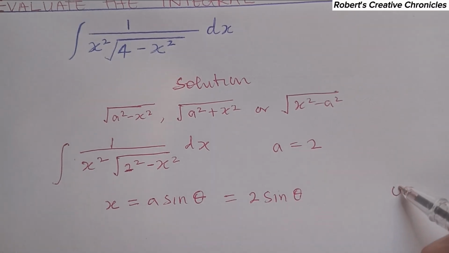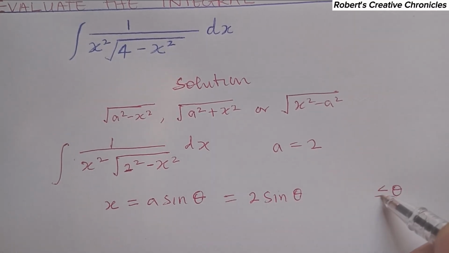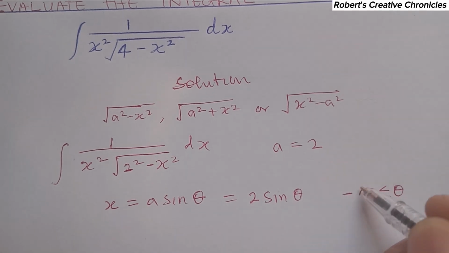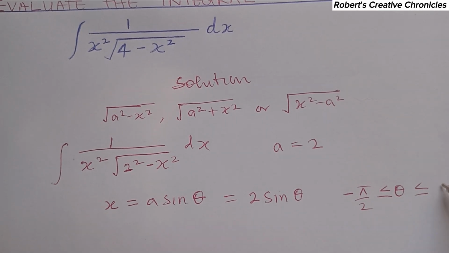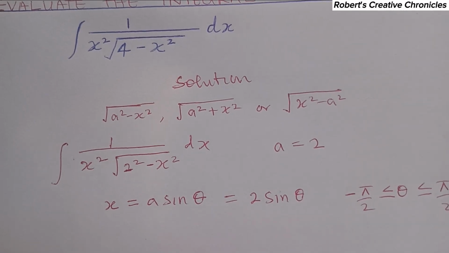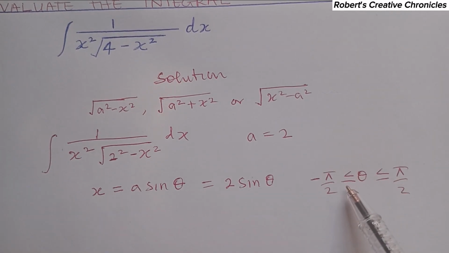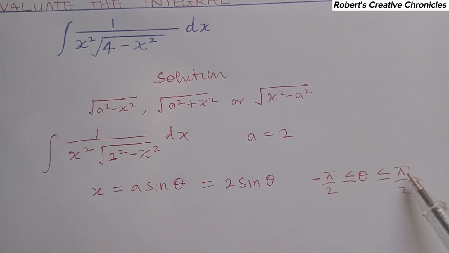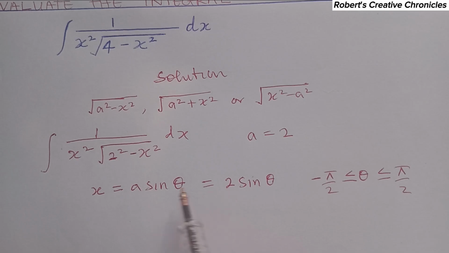The boundary for theta is greater than or equal to minus pi over 2 and less than or equal to pi over 2. This pi over 2 is 90 degrees, so theta is between negative 90 degrees and 90 degrees, because pi is 180 degrees. This is the substitution we're going to make.